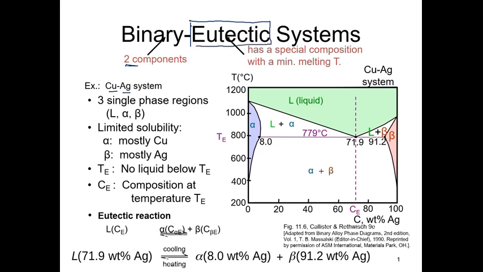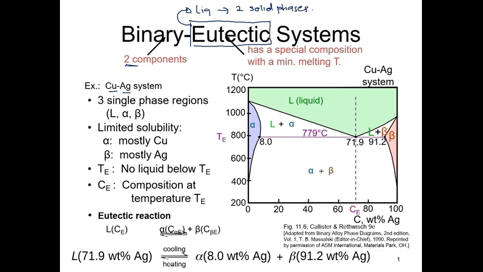So what is eutectic? Eutectic, by definition, is when you have a liquid phase that will transform into two solid phases. This is the slightly new part, two solid phases.